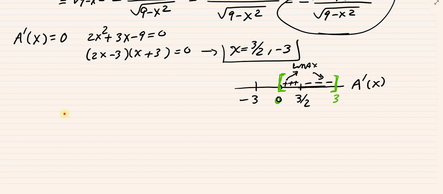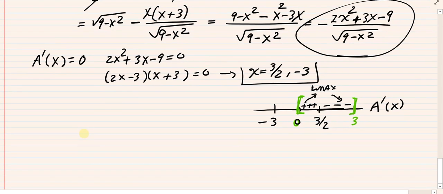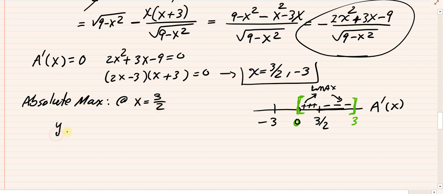Okay, so I'm just going to call it the absolute max is going to be at x equals 3/2. Now at that point, what is y? Remember, y is equal to square root of 9 minus x squared.